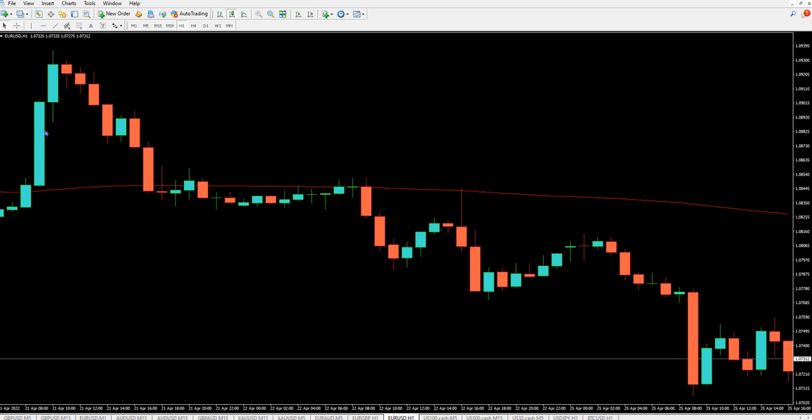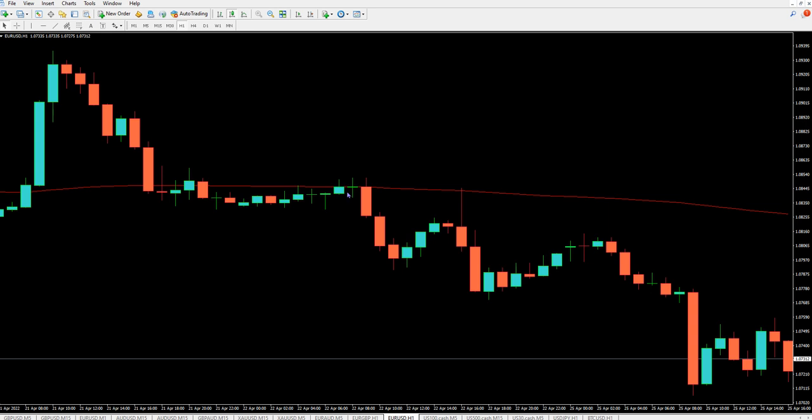We can see price shot up. Didn't really give us much confirmation that it wanted to continue up. As it came down, no clean touches on the moving average. Lots of consolidation through here until we get to this area.